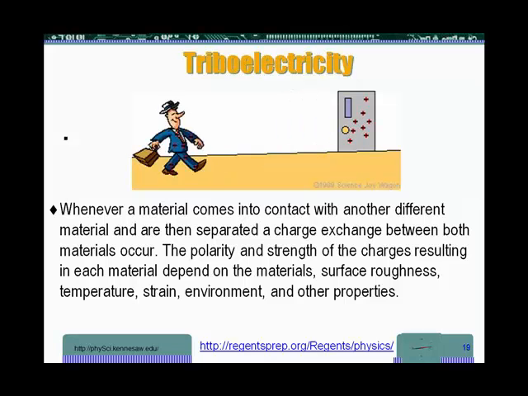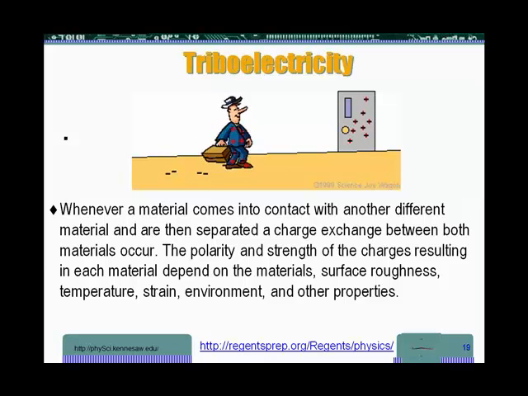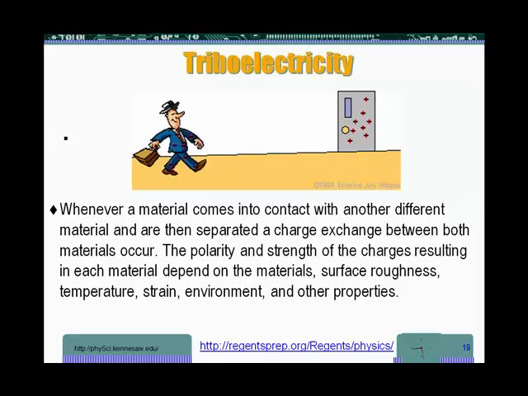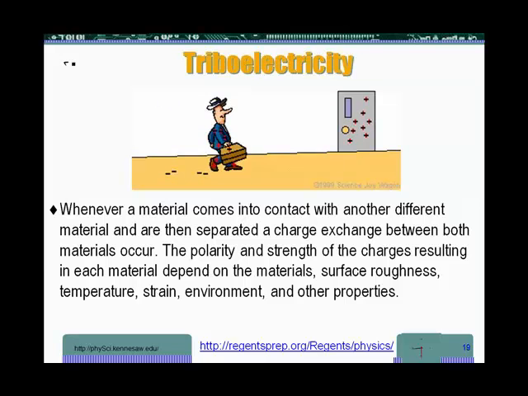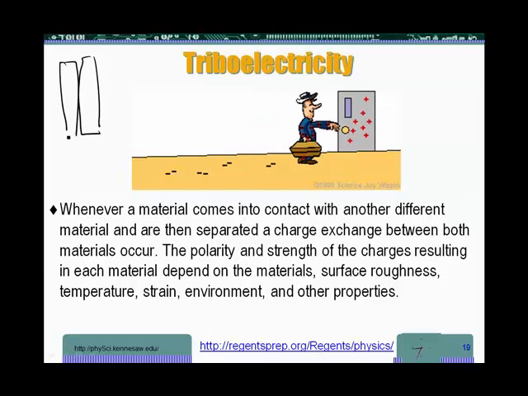Whenever materials come in contact with one another, whenever you put two different materials against each other, what's going to happen is, okay, this is my two materials against each other.